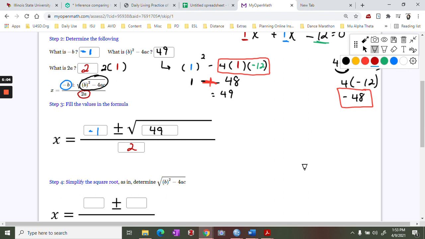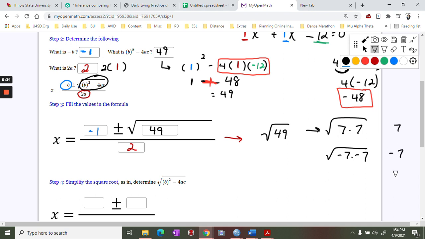Okay? The next step in the process, the next complex thing we have in our formula is the square root. So we're going to take the square root of 49. What number times itself is 49? So you might recognize that we can do 7 times 7, or we can do -7 times -7. Either way, we get 7 or -7.